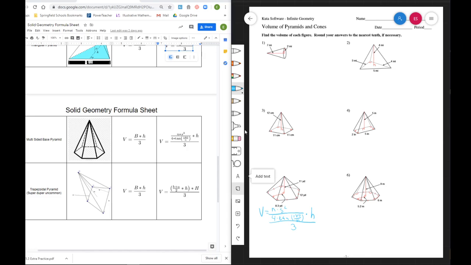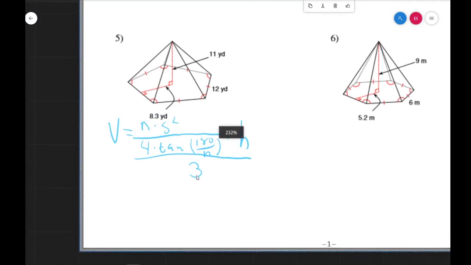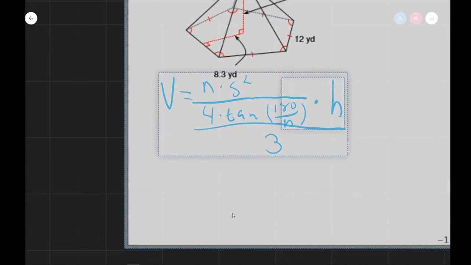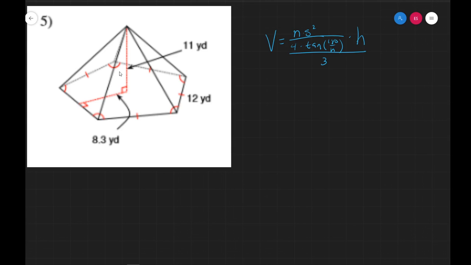Now that we have our formula from our formula sheet, we can dial in to this particular problem. We need to figure out what these things mean. We need n, we need s, and we need h. N, in this formula, is the number of sides of our figure on the bottom.